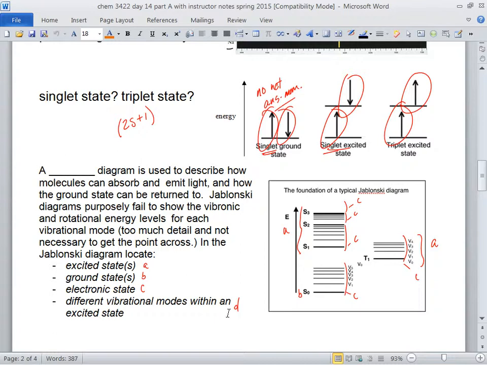Glow-in-the-dark toys. You see a glow-in-the-dark toy, that's an impossible occurrence. It can't happen. It's an unallowed transition. Why? Now that's a tough question.